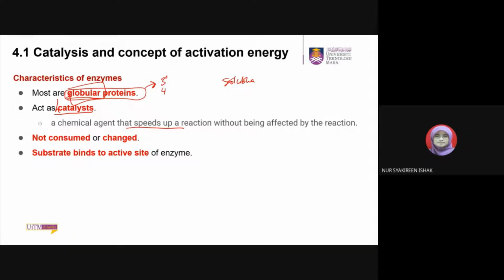So a characteristic of enzymes that you all know is that it is not consumed or changed in the reaction. However much enzyme you put into the reaction, that is how much there will be before and after the reaction. So the enzyme will not be consumed and its structure will not be changed.